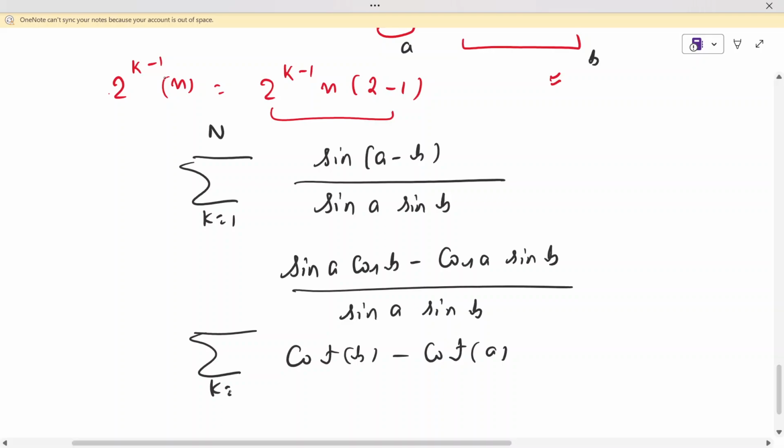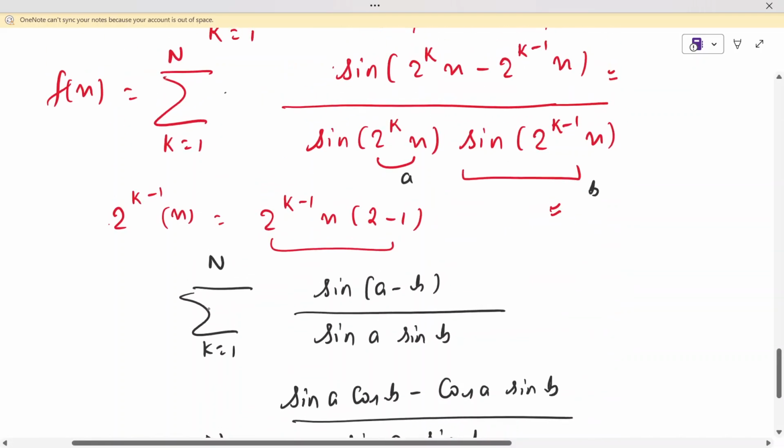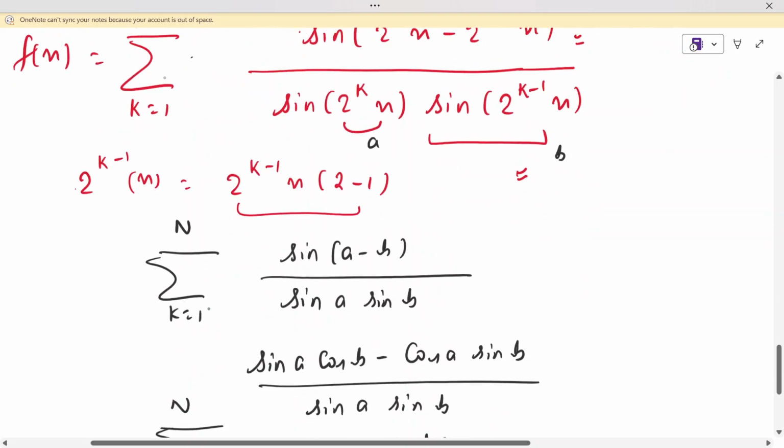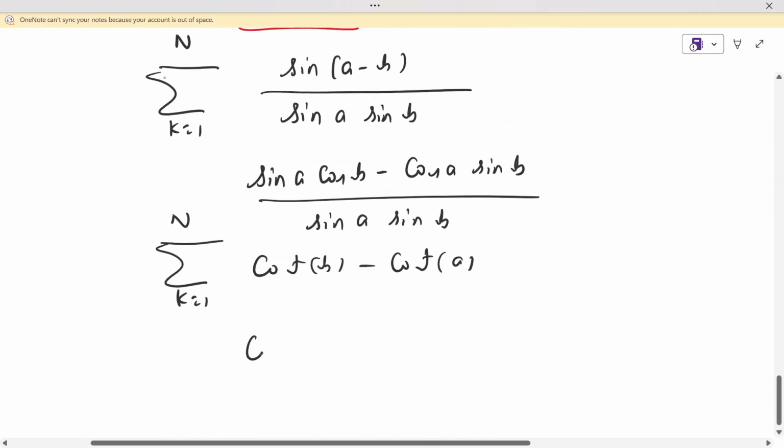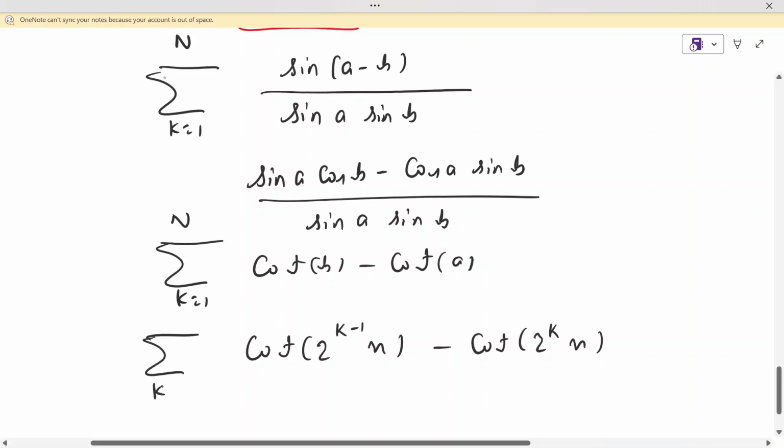Sigma k is equal to 1 to n. And B is what? B is our 2^(k-1) x. So I will write it as cot(2^(k-1) x) minus cot(2^k x) from k equals 1 to n.